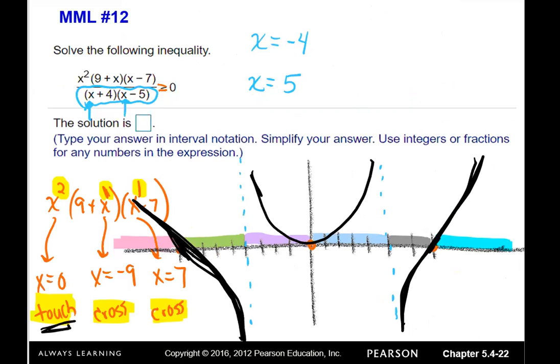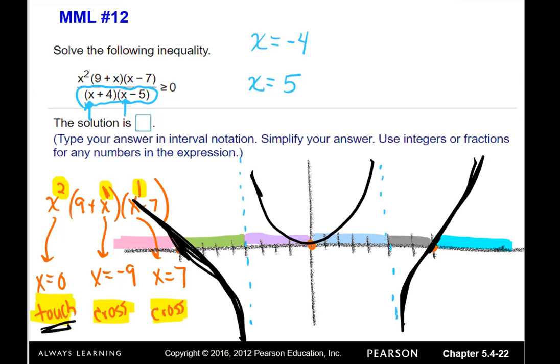Okay, so now, what's the answer though? This is my sketch of my graph, okay? Looks something like this. The original question was, solve the following inequality. So I'm now looking at this picture and I'm going, okay, what was my inequality? Let me come back up here.